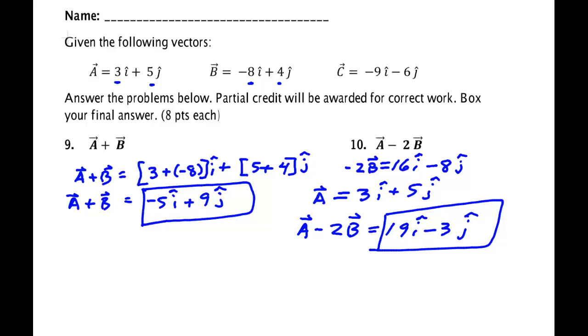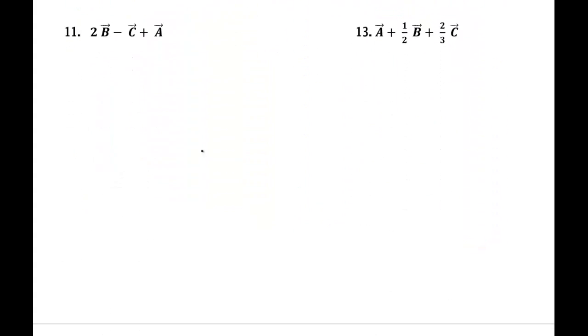Alright, so we'll move on to the next set. We have more multiplication of scalars and addition. Here we have 2b minus c plus a. 2b is minus 16 i hat plus 8 j hat.